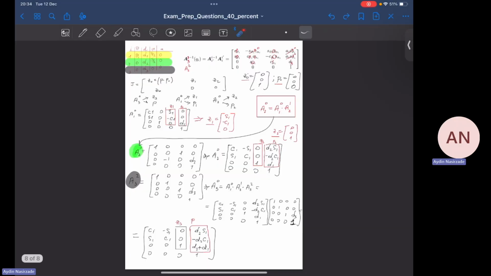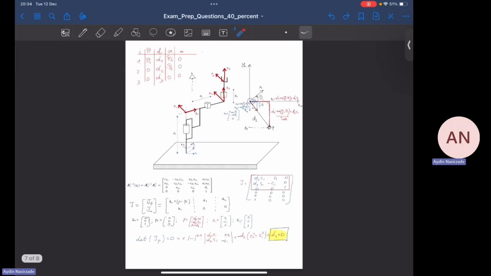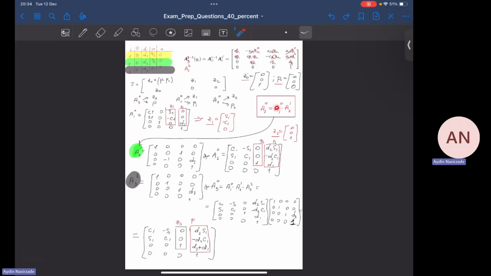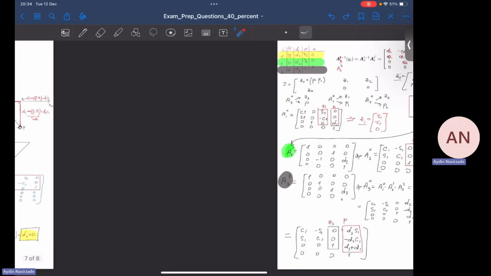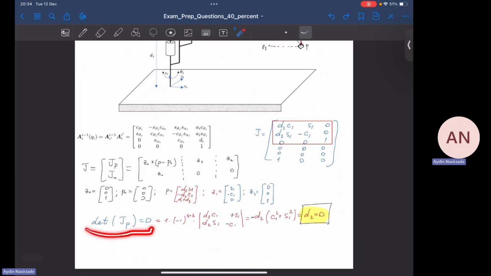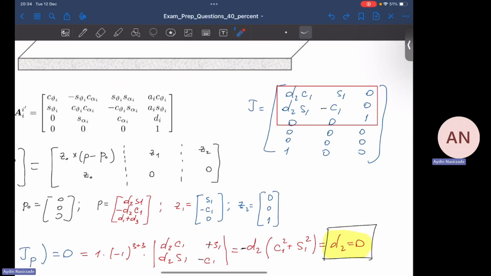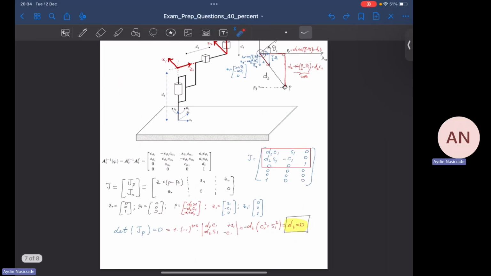I think everything is perfectly fine. So all you have to do is substitute these vectors into this formula and get the Jacobian matrix, from which you can find the singularity point. That's it. Nothing else.